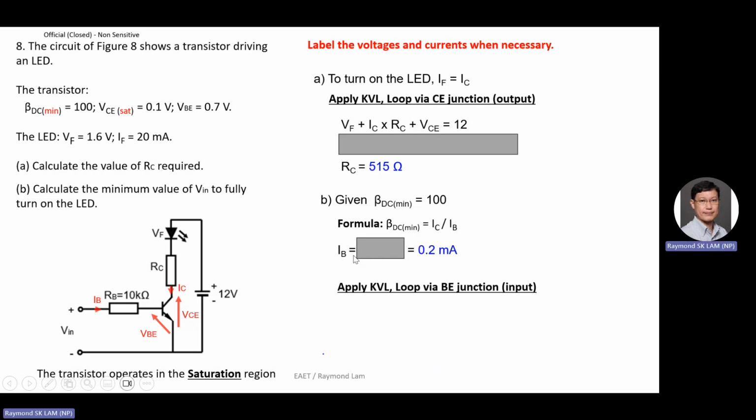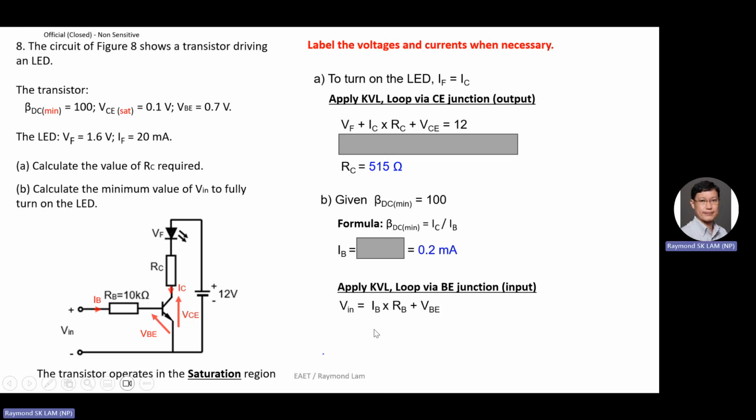Are you talking about this one? How do you get IB? You have this equation. Just play around with the equation, and you will get IB equal to IC divided by beta, right? Just rearrange the equation. Beta is given, so you should get 0.2 milliamp.